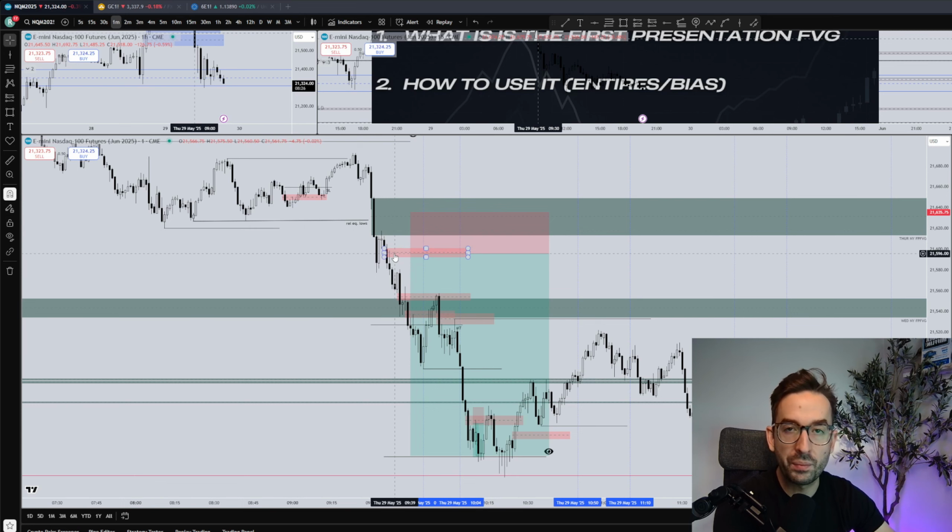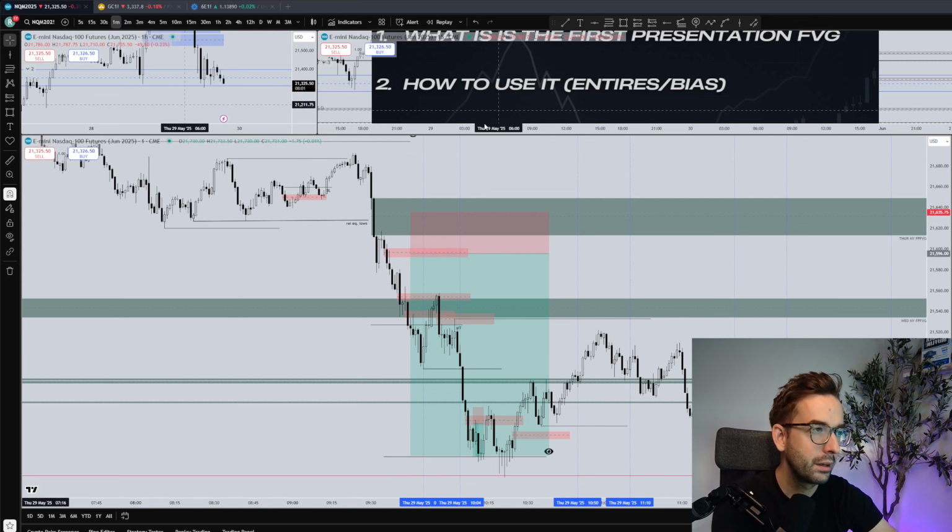In this case, they didn't form that. The 15-second entry is the preferred, or would have been the correct option for today's trading day, but there's three ways of entering or using it, and you just have to adjust based on your risk tolerance and, based on backtesting, what works best for you. And for me, it's the 1-minute and the 15-second fair value gap after the rejection of the first presentation. Okay.